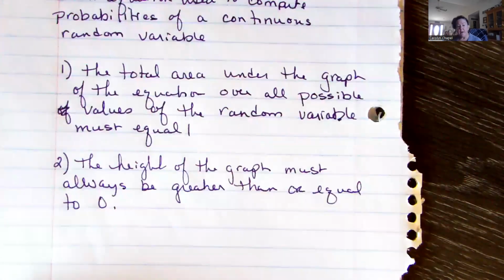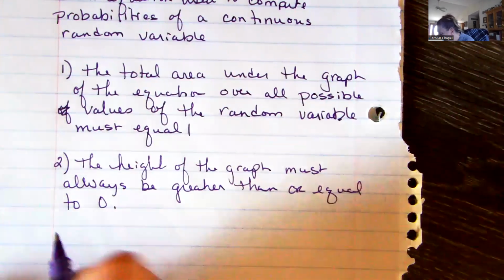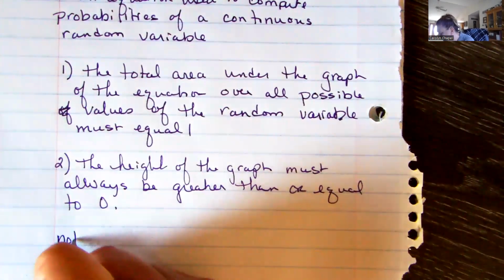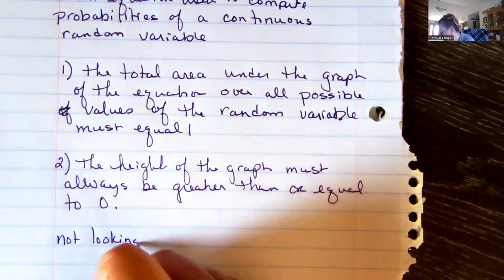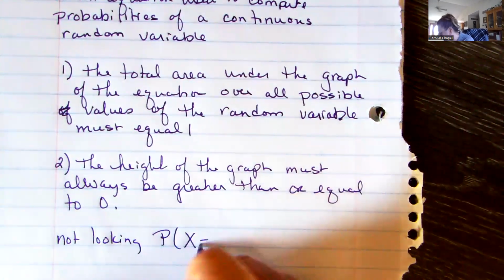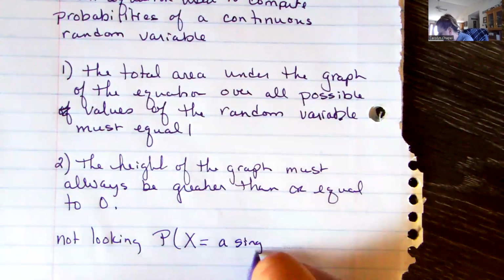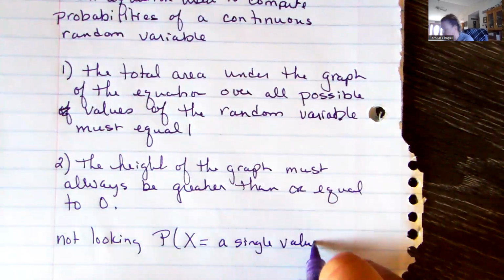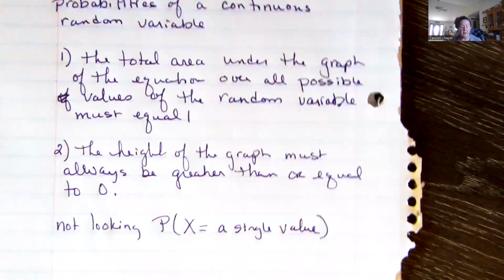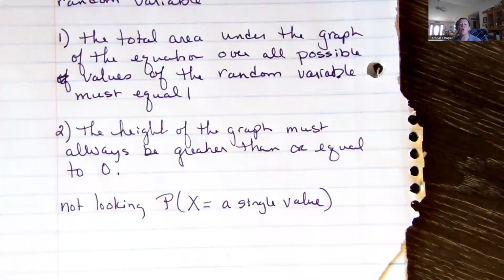When we talk about a continuous random variable, we will not be looking at the probability of x being a single value, because in a continuous situation we have so many outcomes. Even if we go from 0 to 1, there are so many outcomes in that small interval that the probability of it being a single value is going to be 0.